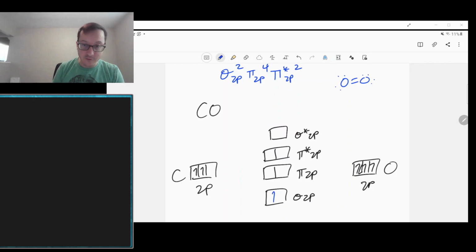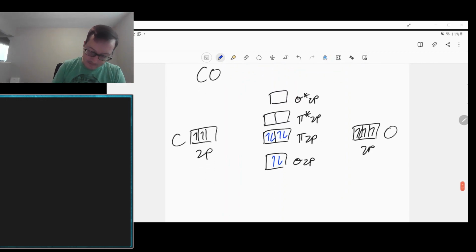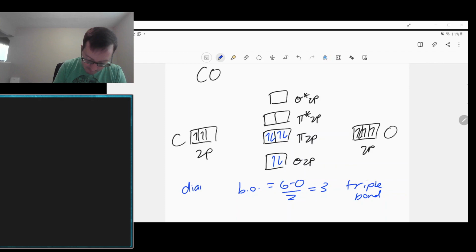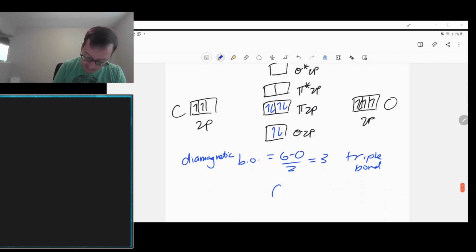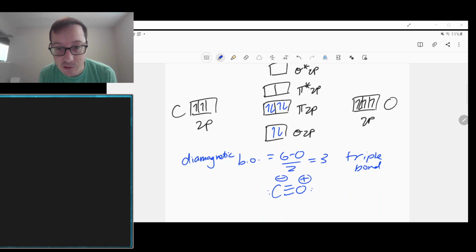We have 2 from carbon, 4 from oxygen. 1, 2, 3, 4, 5, 6. Bond order, therefore, 6 minus 0, 3, triple bond. We expect this will be diamagnetic as well. Everything is fully paired. Lo and behold, our Lewis structure for carbon monoxide indeed predicts a triple bond.